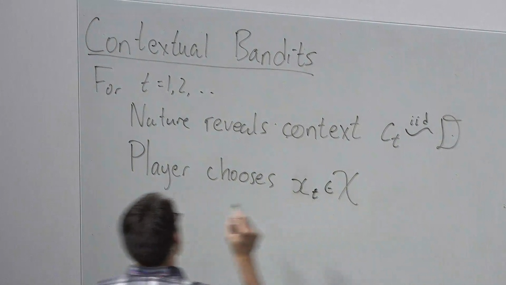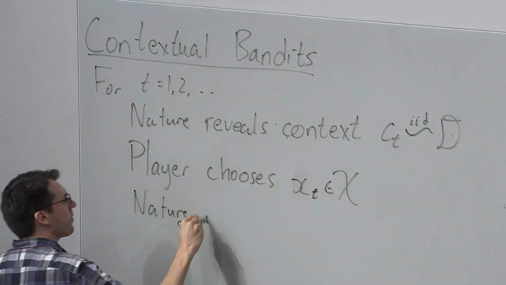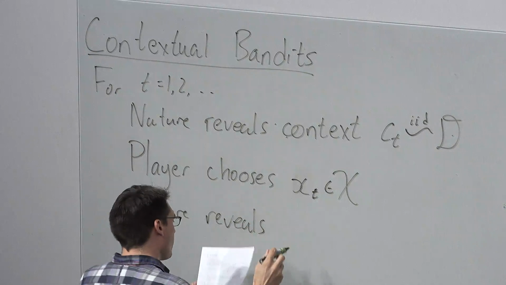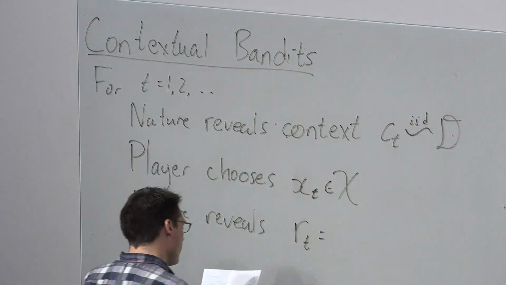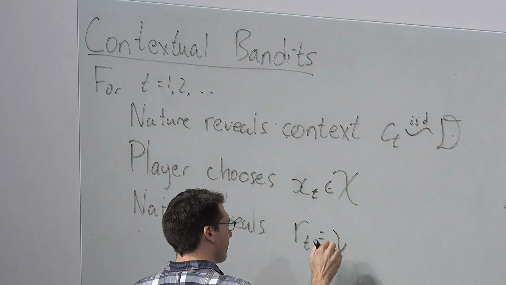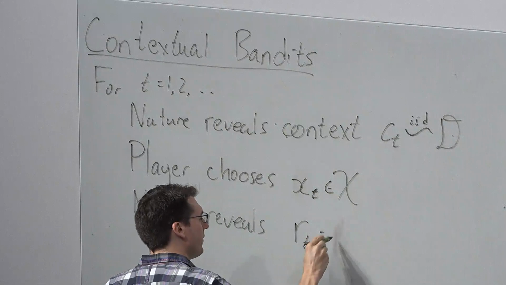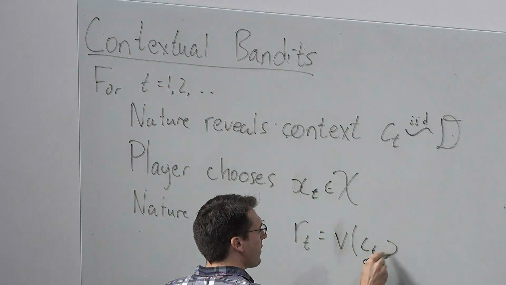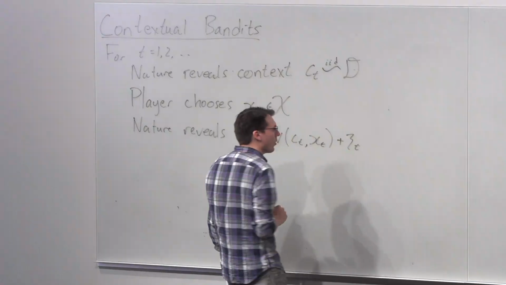And then nature reveals some reward, which is equal to, I'll notate this as v of c_t x_t plus some noise term.